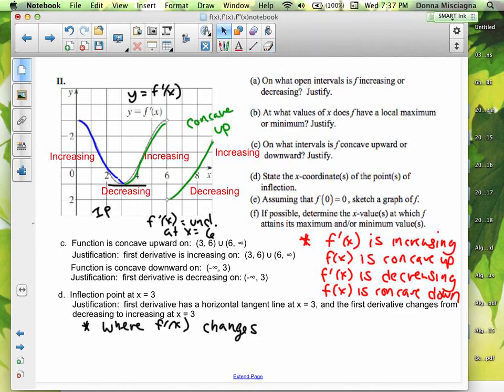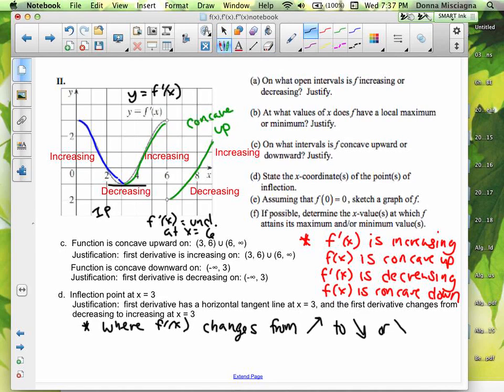Changes from increasing to decreasing, or decreasing to increasing. Here, I'll do the shorthand way. f of x, not f prime of x, f of x has an inflection point.